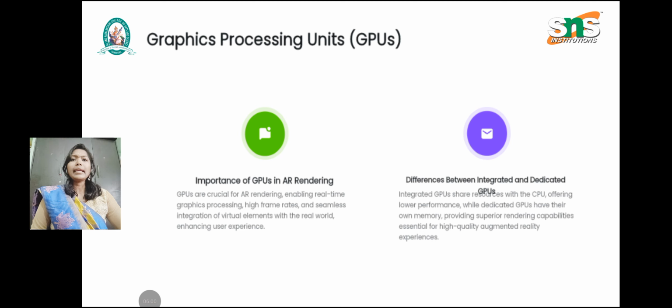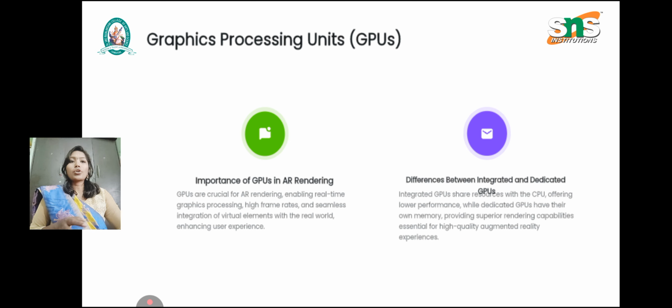The key functions of computer vision, sensor fusion, rendering, and real time interactions are all handled by the GPU. These are the main key functions of the processors: one is computer vision, sensor fusion we already saw, and next are rendering and real time interactions.